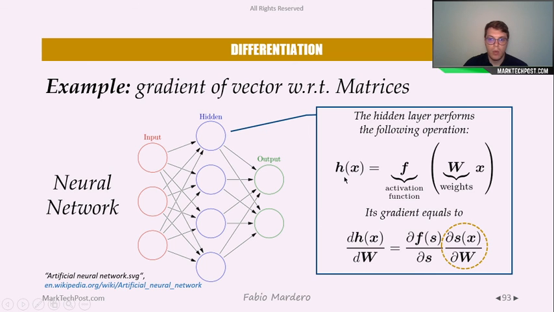But what is the gradient of h of x of one of the hidden nodes with respect to the weights? Well, we have to take care of the activation function, remembering the chain rule, and then we have to perform the partial derivative of what is inside, which we usually express as s of x, and the weight matrix.